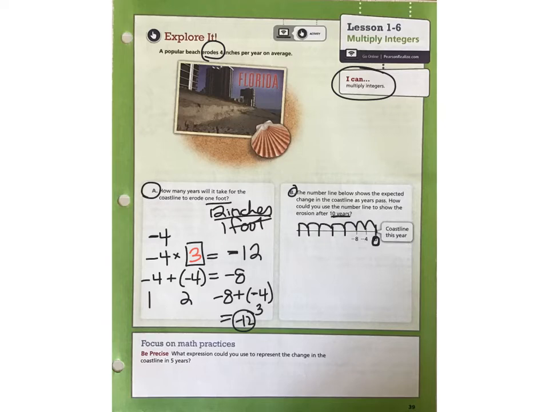There's 7, and I would have to expand this. 8, 9, 10. So the question is, what number is this point right here on the number line?